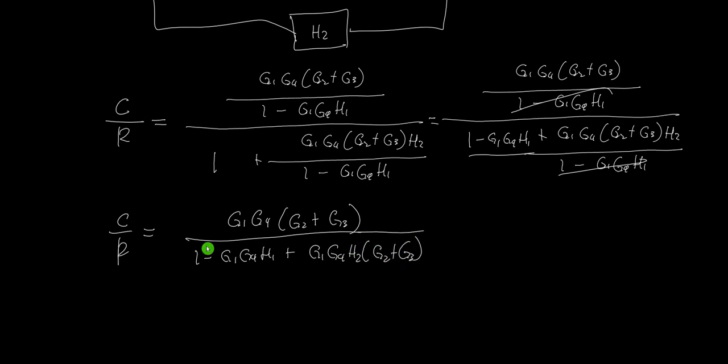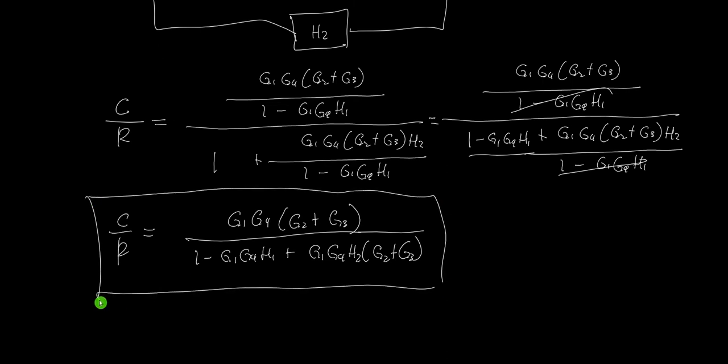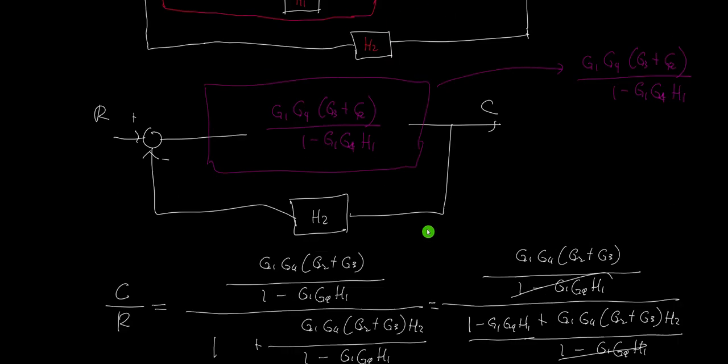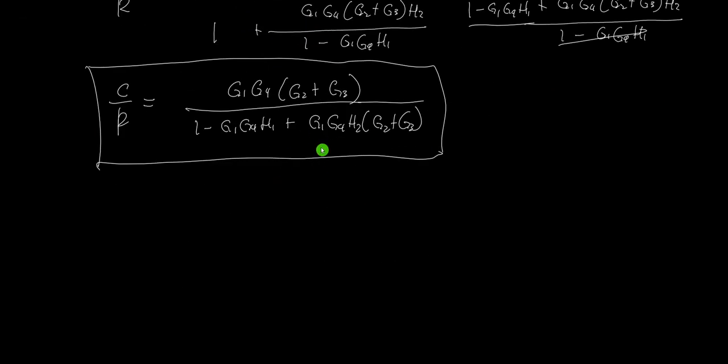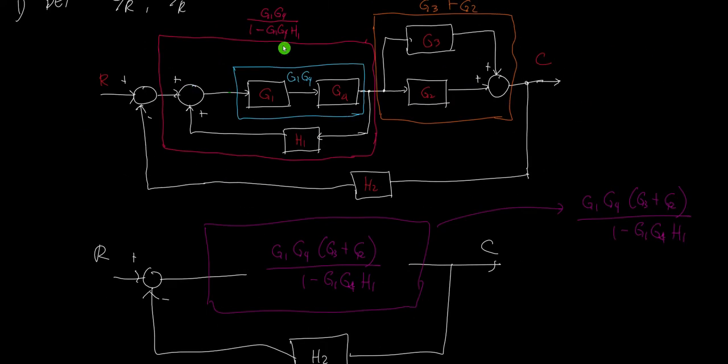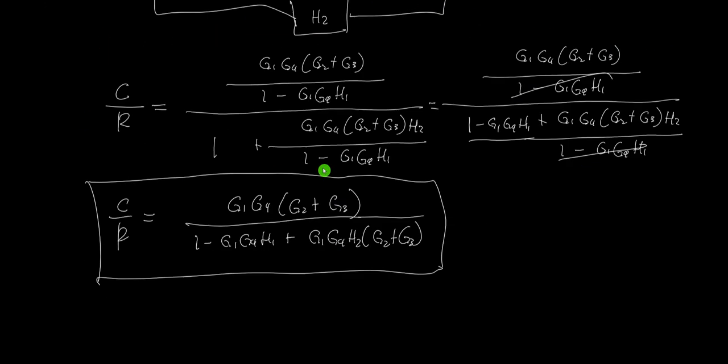And this is okay. This can be our transfer function, C over R, the control ratio, or the closed loop transfer function. So that's how we simplify this more complicated than a canonical form into a simpler transfer function. Just a single transfer function that's the equivalent of this whole thing.